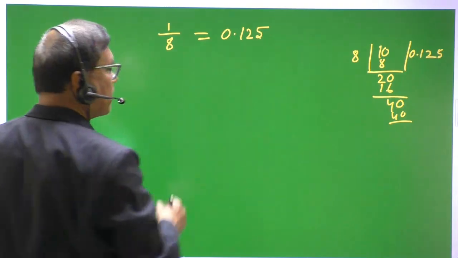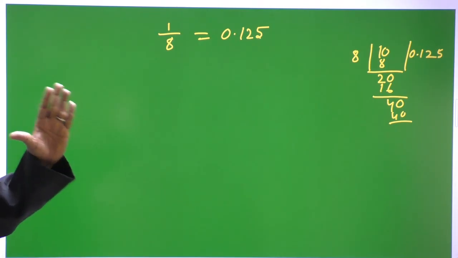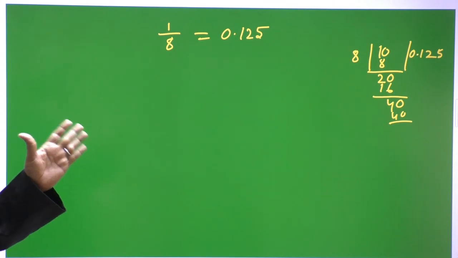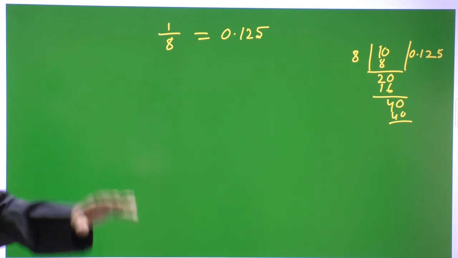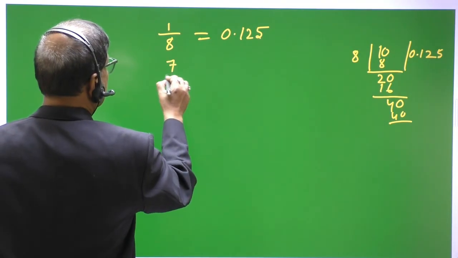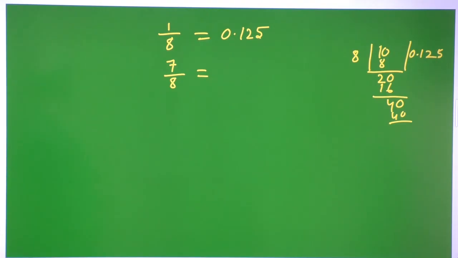So 1 multiplied by 125 is 125. And I told you, from the right side after 3 places, after 3 digits, insert the decimal point. So 0.125. According to this rule, if I ask you to express 7 by 8 in decimal form, you can easily write it with the technique I told.